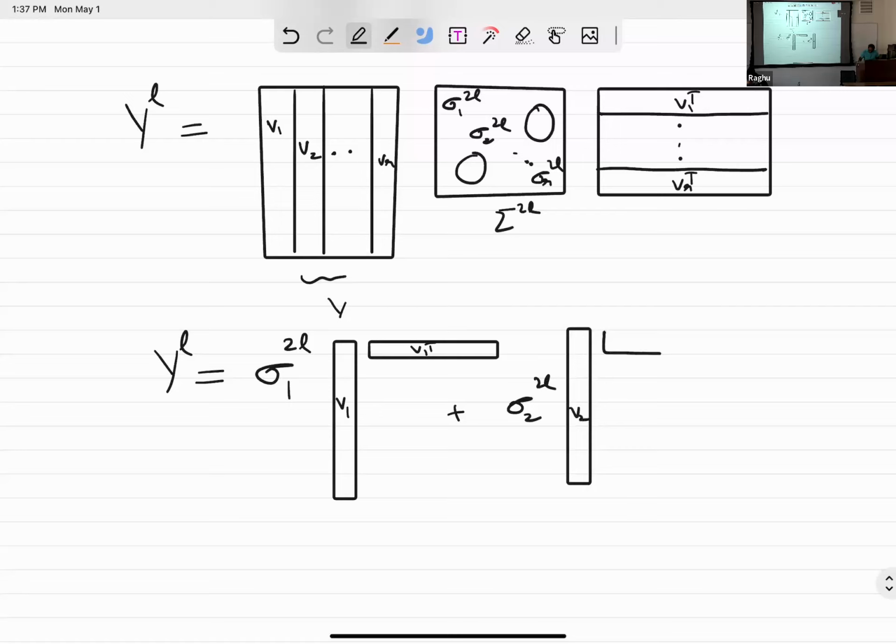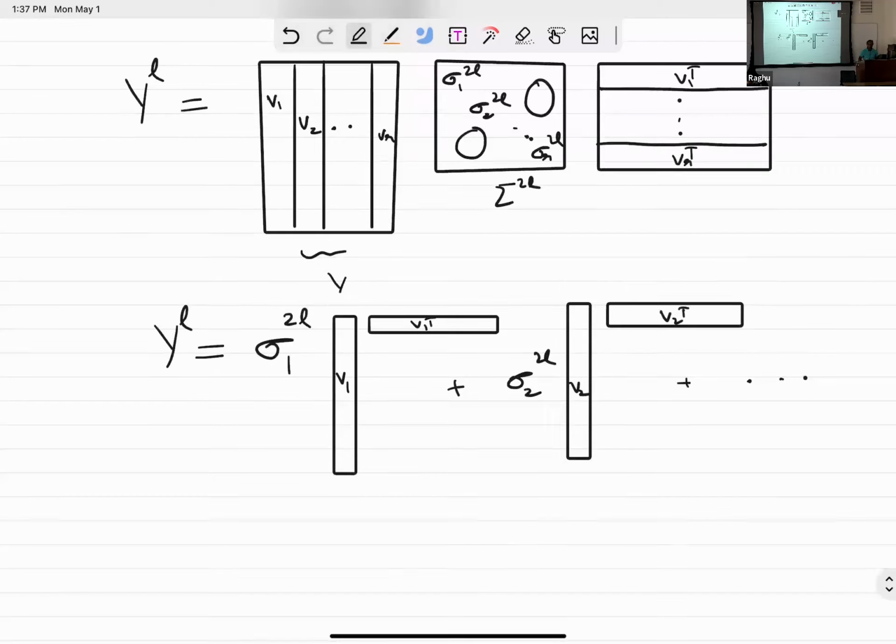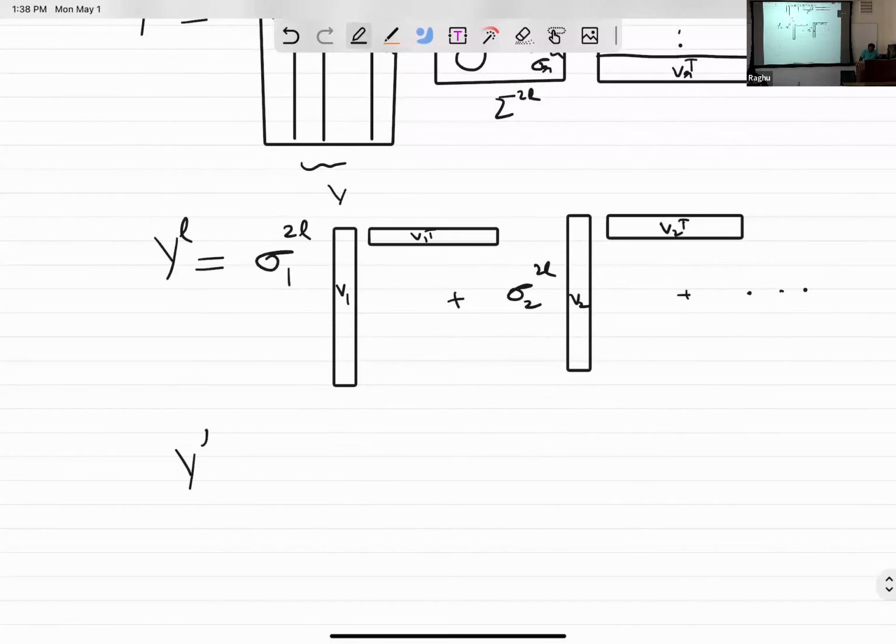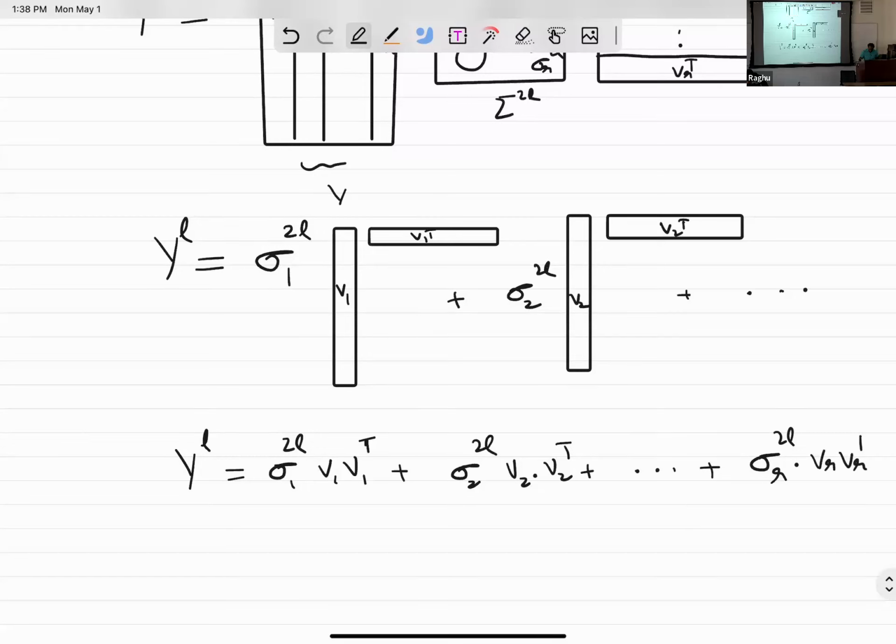In particular, Y to the L is just sigma 1 to the 2L times V1 V1 transpose plus sigma 2 to the 2L times V2 V2 transpose, plus so on, up to sigma r to the 2L times Vr Vr transpose.